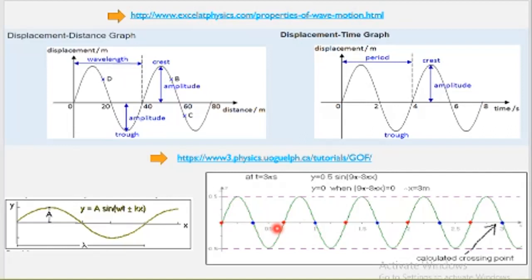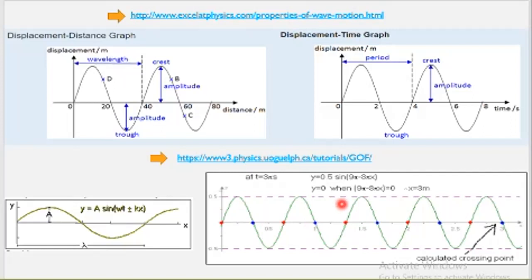So this will be the value of wave number. Or if you want to measure it in radians, then this half cycle will be measured as pi in radian. So from here to here it is pi, again 2 pi, then 3 pi.